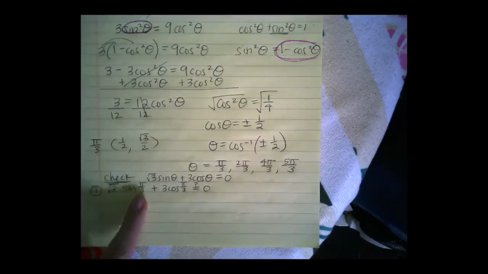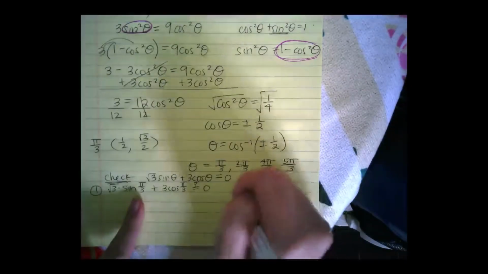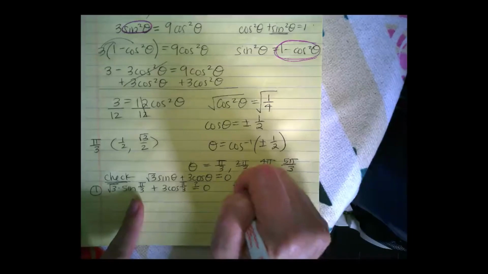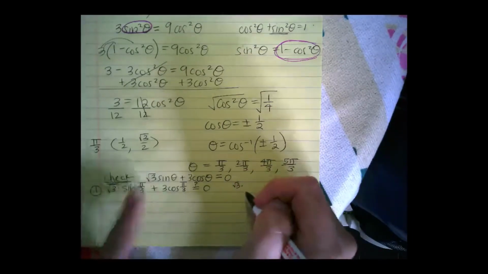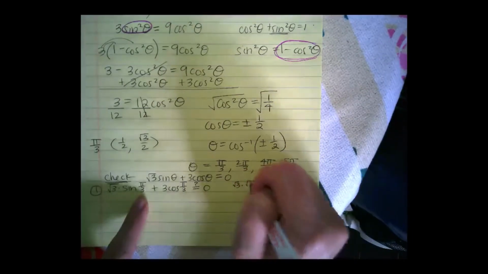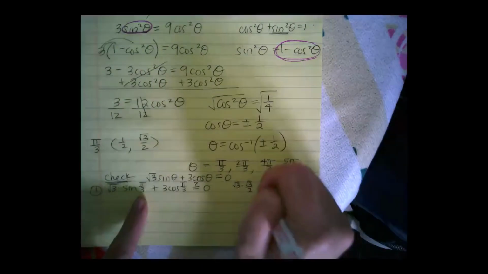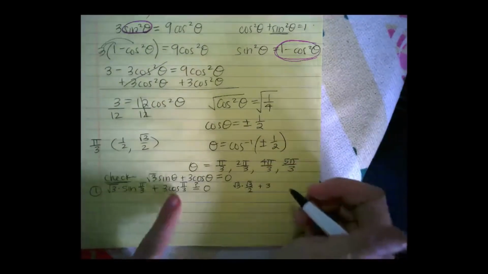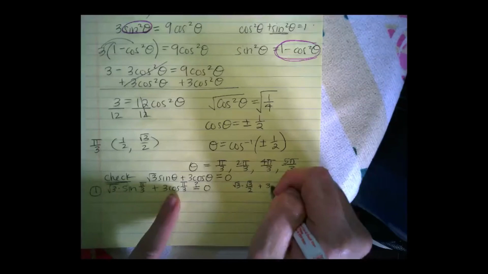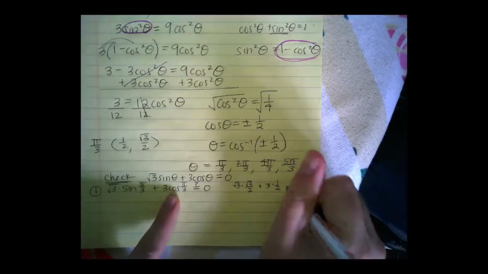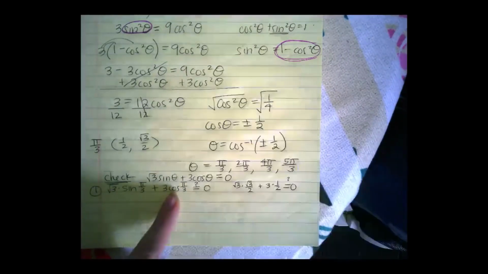The sine of pi over 3 has a positive y coordinate. So for this one, we have the square root of 3 times the sine of pi over 3, which is another square root of 3 over 2, plus 3 times the cosine of pi over 3, which is 1/2. Does that equal 0?